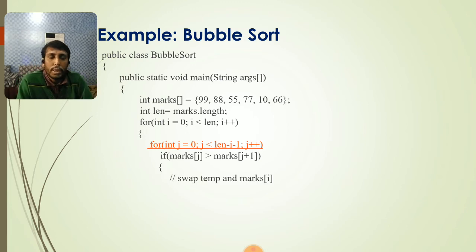So we are going into swap mode, as I told you. Before swapping, let me remind you how numbers can be swapped. I had given you an example, if you remember: suppose you have two glasses, and one glass has water and another glass has milk.